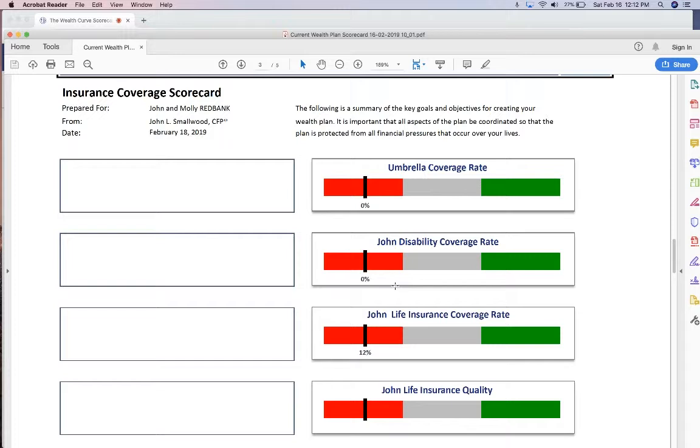Well, what's going to happen? I'm going to get sued because I was negligent, correct? If I'm negligent, I'm getting sued. And if I'm getting sued, I don't have the right coverage. Everything that's taken me to get to my net worth can be taken from me overnight. And if the insurance company is not on the hook for a lot of money, I'm not going to get great representation.